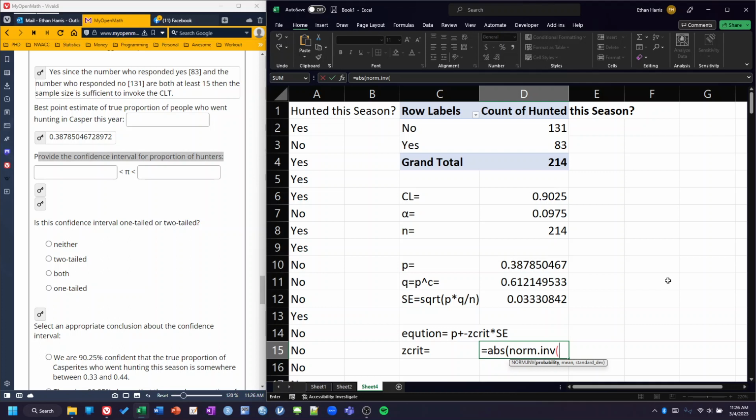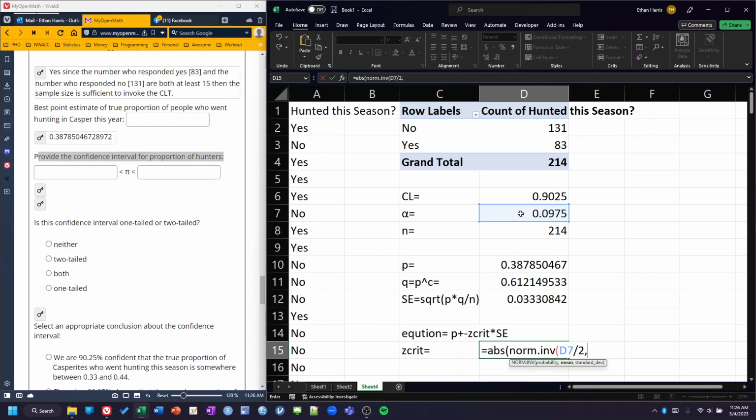Since we are doing a two-tailed interval for this first one, since we weren't given any direction for where we were interested for the hunters, we need to divide our alpha by 2 for our probability. So we're going to take alpha and divide it by 2 in order to find our z critical, comma.